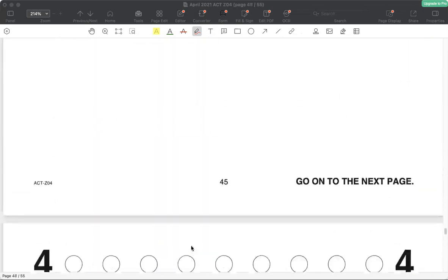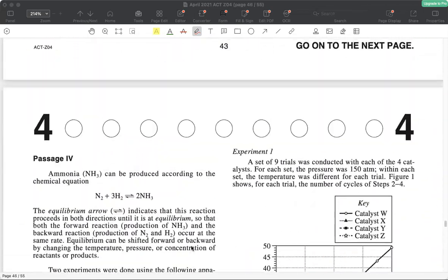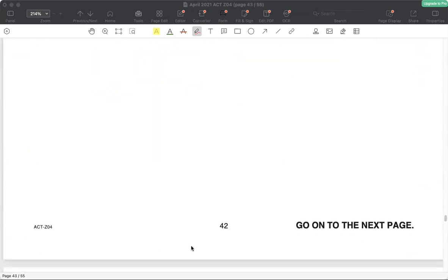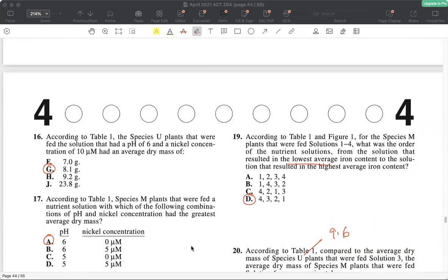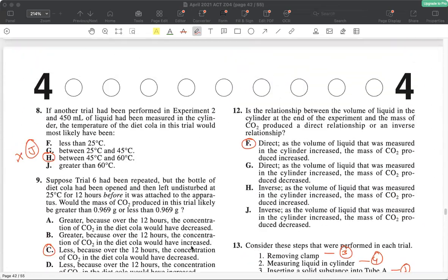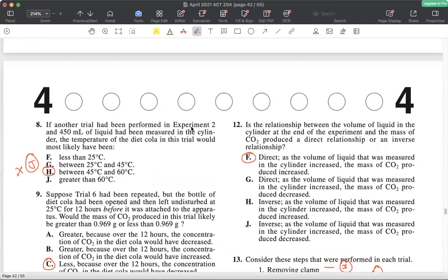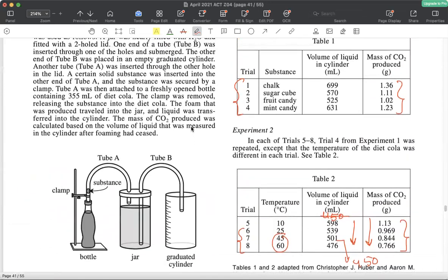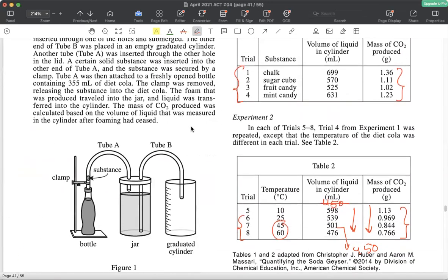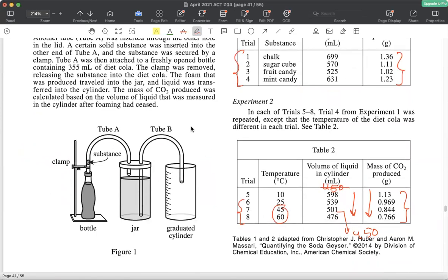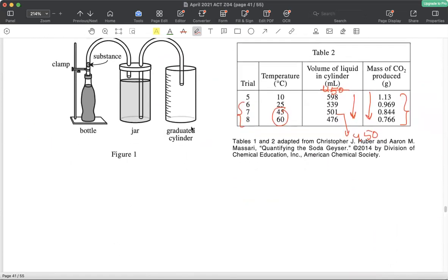Let's look at the first one. Question 8, right? That was the first mistake. 8 and 20. Okay. If another trial had been performed in experiment 2 and 450 ml of liquid had been measured in the cylinder, the temperature of the diet cola in this trial would most likely have been... Okay. Experiment 2, and you have... wait.